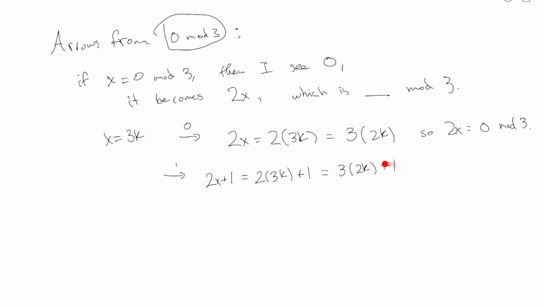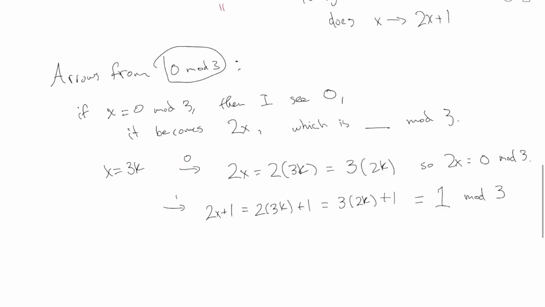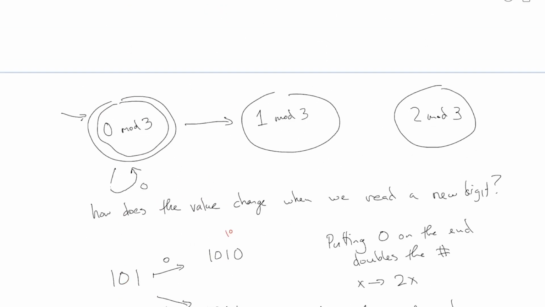And so this number here is 1 mod 3, because I got 3 times something plus an extra 1. And so on my diagram, the arrow labeled with a 1 goes over to the 1 mod 3 state, like so.